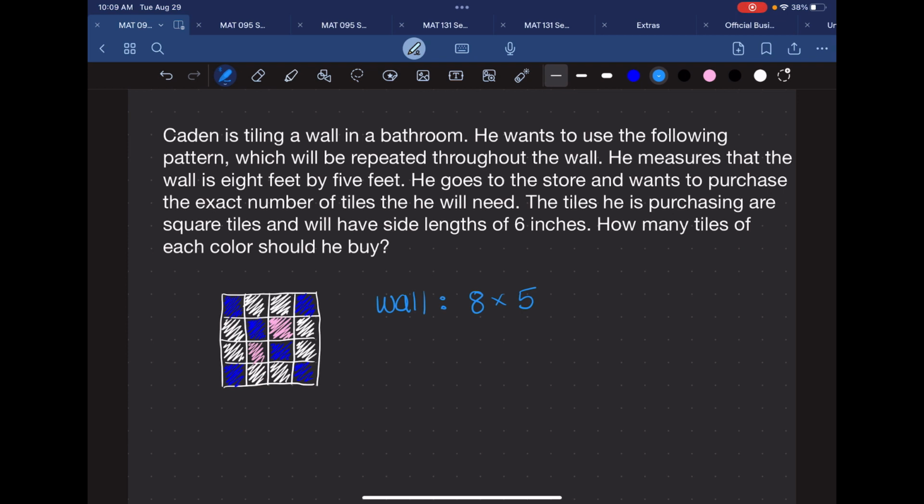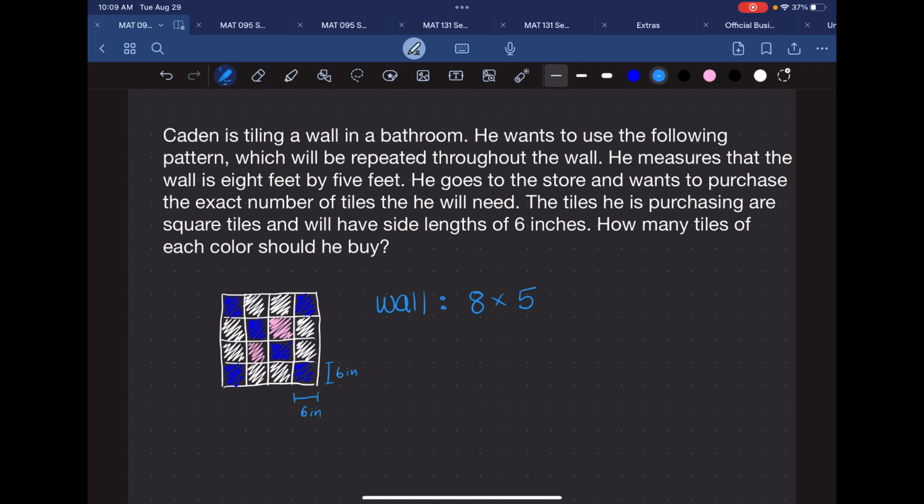He goes to the store and wants to purchase the exact number of tiles that he will need. The tiles he is purchasing are square tiles and will have a side length of 6 inches. So that means each of these tiles is going to be 6 inches by 6 inches, which, since we're talking about the wall in feet and the tiles in inches, we might as well convert one to the other to be consistent.